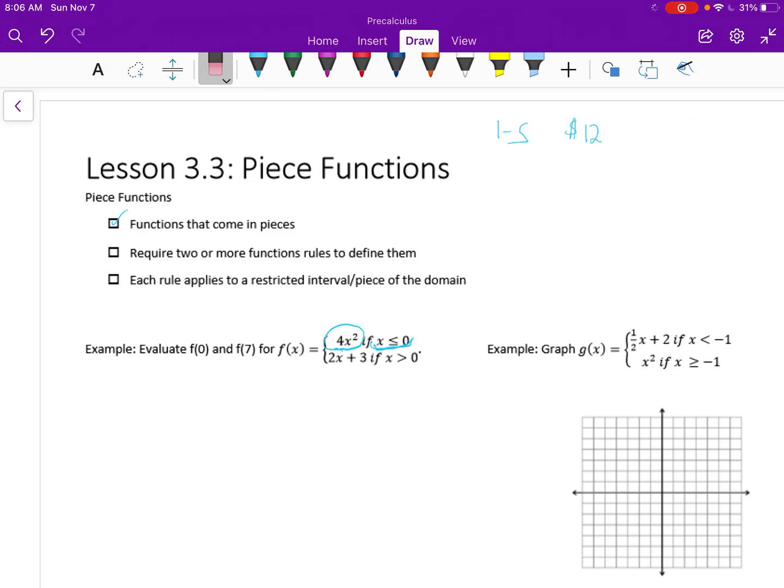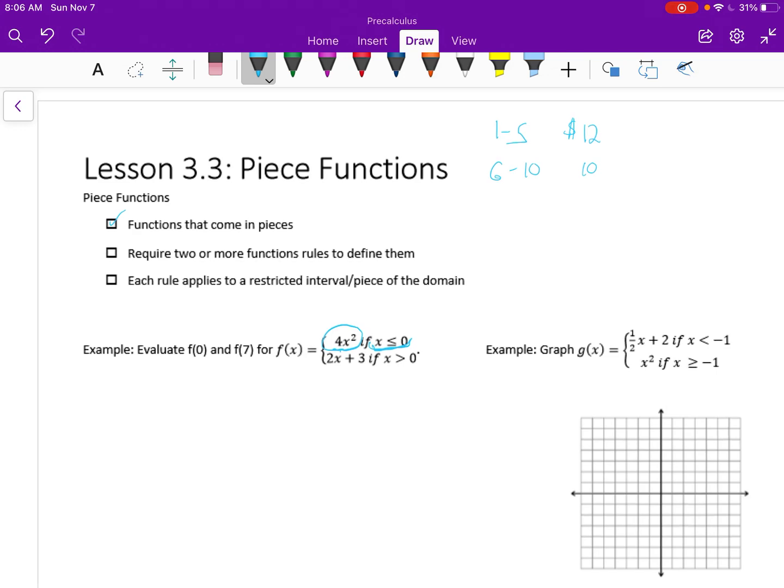If you bought 3 t-shirts, it would be $36. But then if you buy more than 5, they might only charge you $10 per t-shirt. And then maybe from 11 to 20, it will be $9 per t-shirt. And maybe anything 20 plus, you're going to pay $8 per t-shirt.